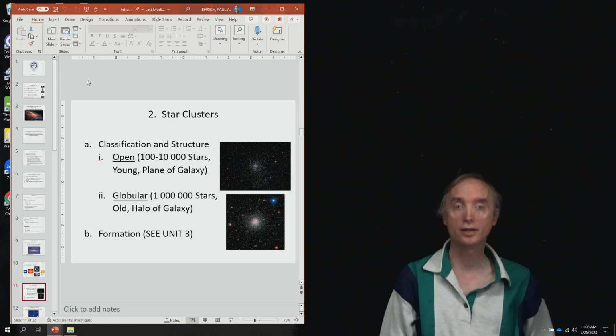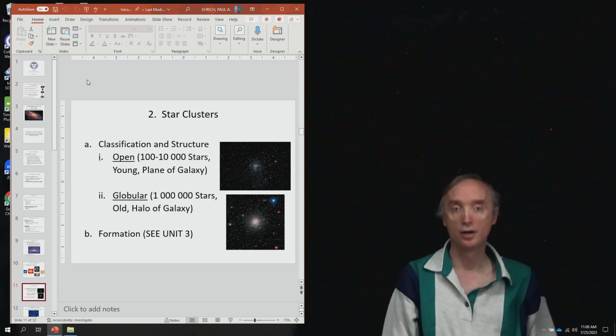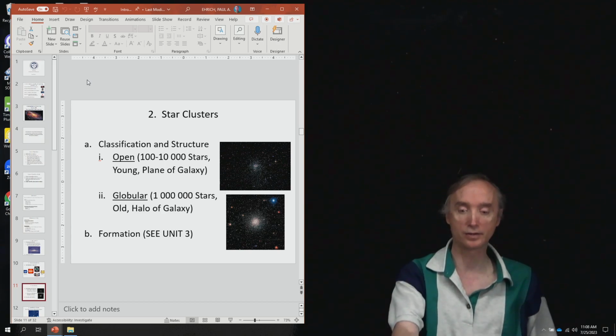What we think is that the collision of these globular clusters is what forms galaxies in the first place. Then you can also have open clusters, which are going to be located in the plane of the galaxy. These are your typical kinds of clusters that form just from the collapse of nebulas during the normal formation of stars in a galaxy.